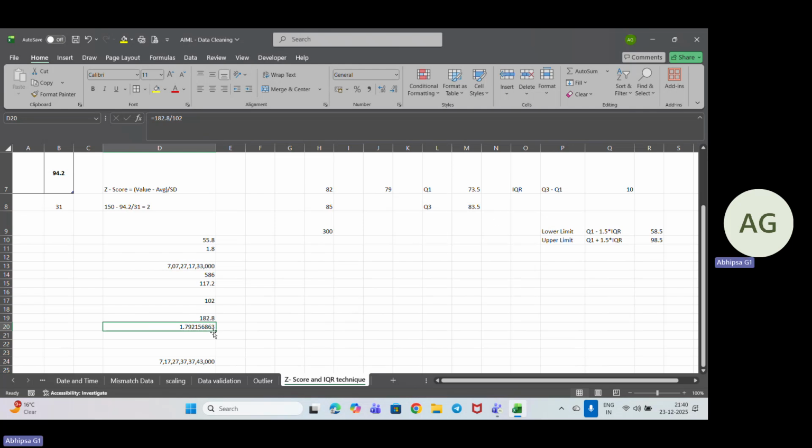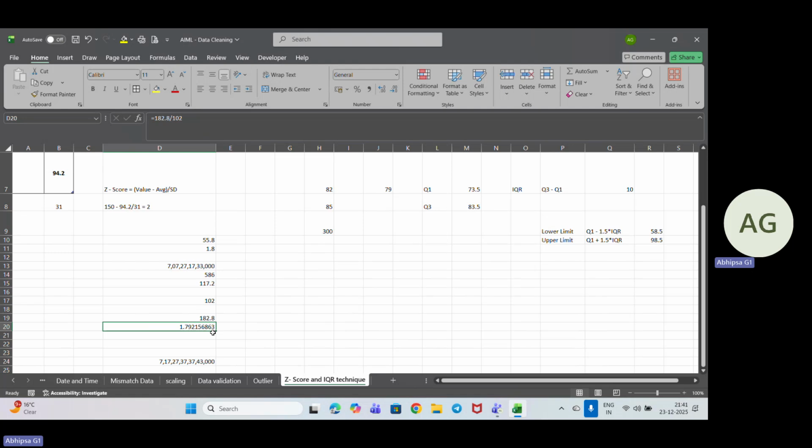Because there is a specific rule that is set in case of the Z score that we have already discussed. So the effect of outliers is more in case of the Z score, but in case of IQR, there is no such effect from outliers.